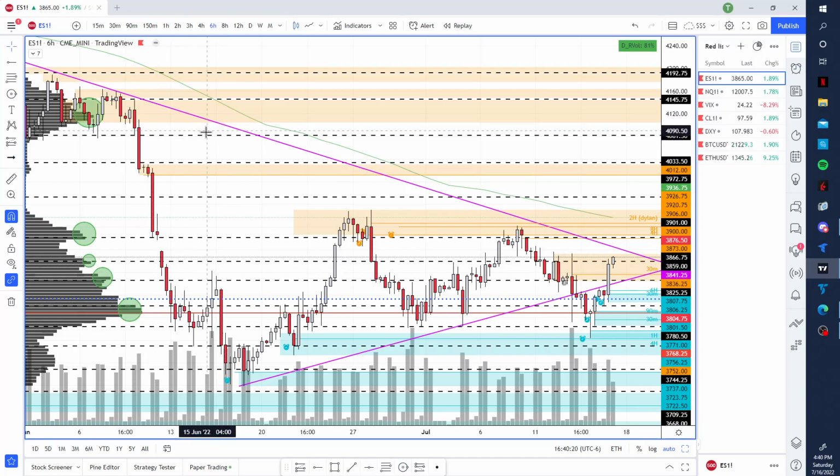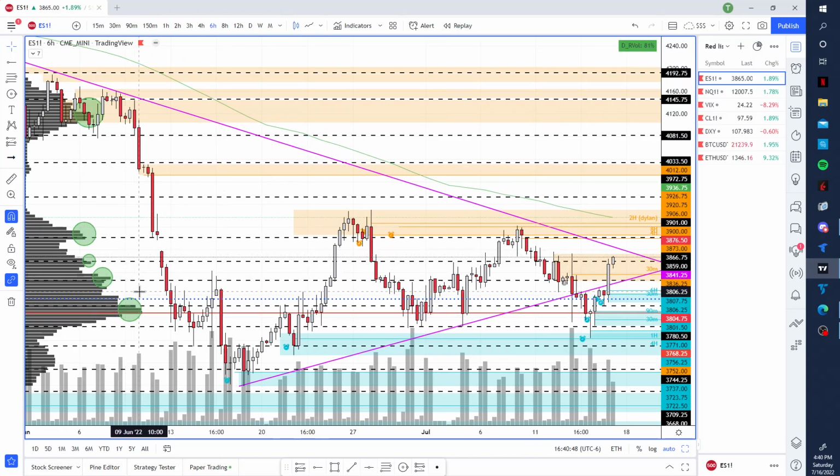Usually if there's a big volume spike or a volume node at a supply or demand zone, that's a really strong zone. Down here, this is the largest spike on the chart, and that corresponds to this 3771 to 3750-ish zone. So I know that zone is going to be very hard to break because that's where the most volume has been traded on this whole chart.